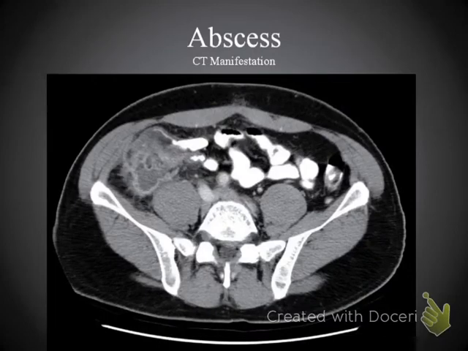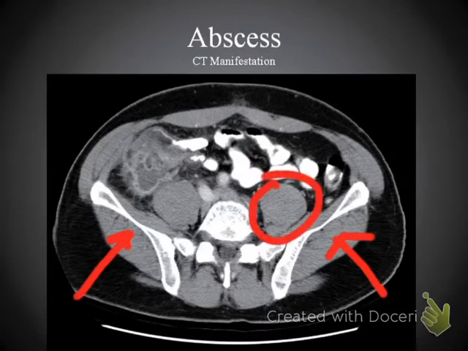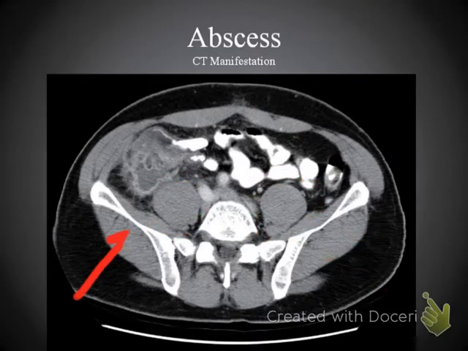Okay, so let's take a look at this image. As we can see, we're at the level past the iliac crest. We're going through the pelvic cavity right now. We do have the psoas muscles here and here, so I want you to keep that in mind, the psoas muscles, so that you don't get it confused with an abscess or think that it's something else.